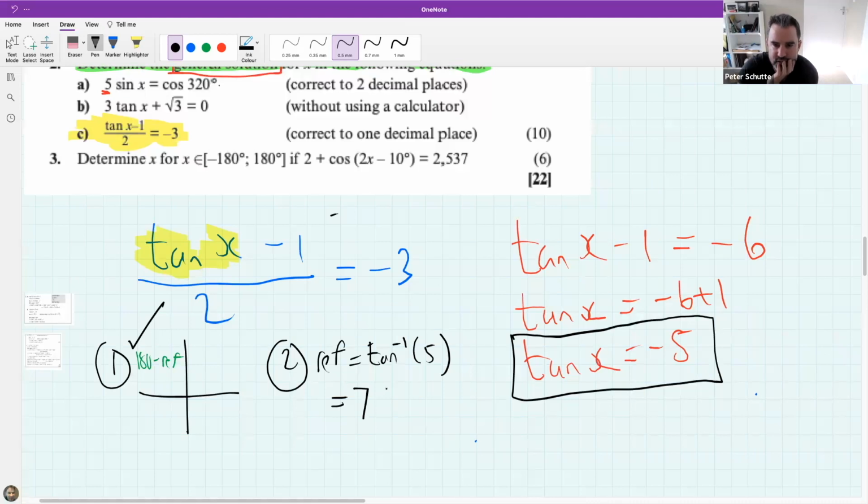So if we go shift tan of 5, what are we getting? I think we're going to get 78.7 if we round to 1 decimal place.